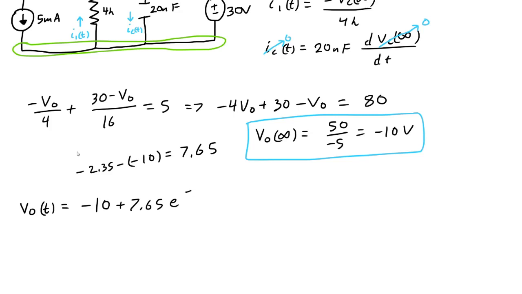Let's find what tau is real quickly. I forgot to do that. So tau is going to be R times C. C is 20 nanofarad times 3200. That is 1 over 15625. So this is going to become 15625 T, and we're going to have to put brackets here because we're shifting in time our 0 point, basically. 10 microseconds, we make that a bracket.